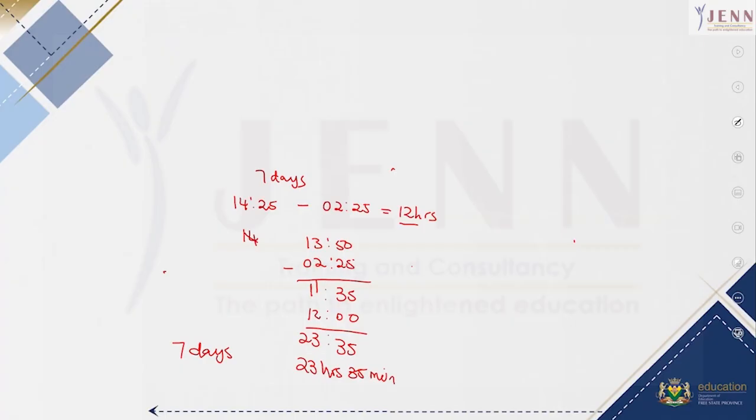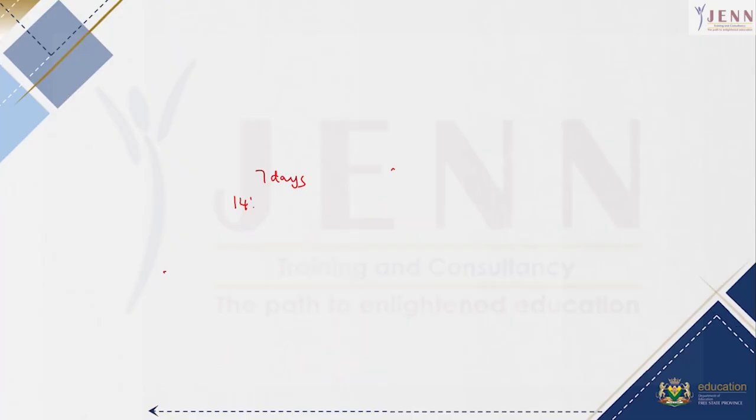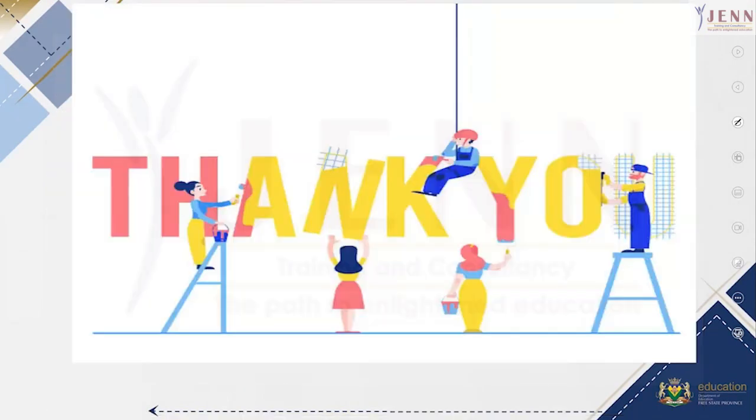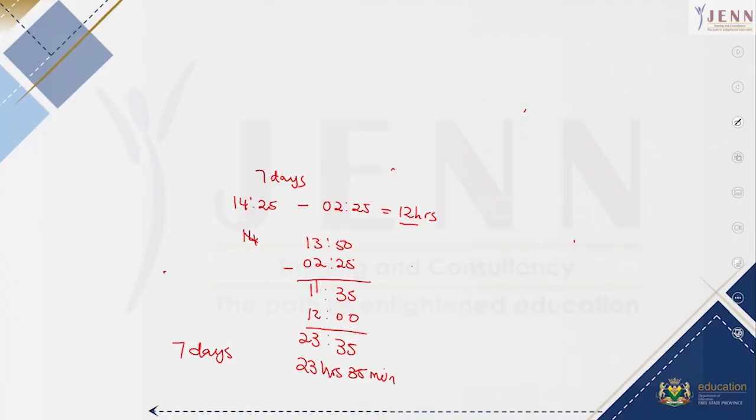Okay, let's go to the next question. Write the following time in words. The departure time was 13:30, 1:30 p.m. If you write it in words, it's going to be 1:30 in the afternoon.